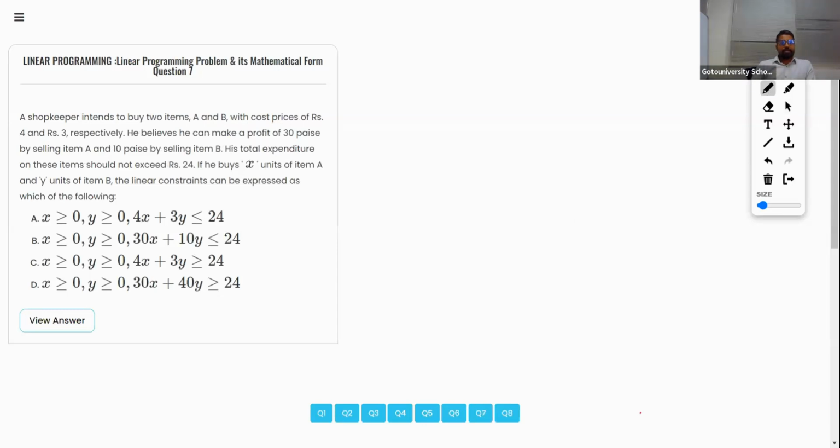A shopkeeper intends to buy two items, A and B, with a cost price of rupees 4 and 3, respectively. He believes that he can make a profit of 30 paise by selling A and 10 paise by selling B. His total expenditure on these items should not exceed 24 rupees.